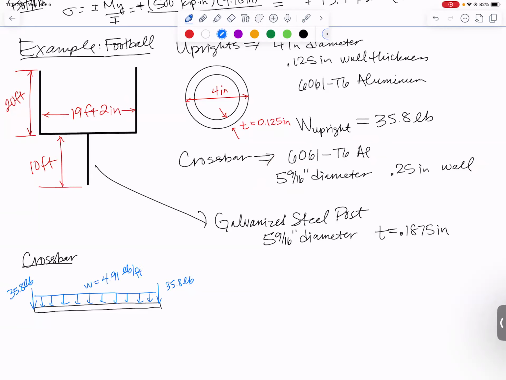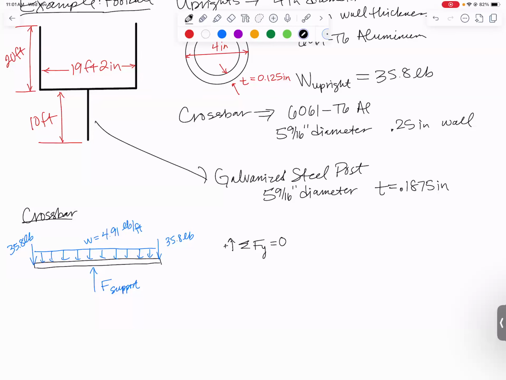Those are all downward loads. What's holding it up? What's holding it up is this steel post. And we're not going to get into the details of how they're connected and what that looks like. The end result is, since this is perfectly symmetric loading, it simply needs to apply an upward support force. For the 2D analysis of this crossbar, that's going to be sufficient. We can sum forces in the y direction to solve for that support force.